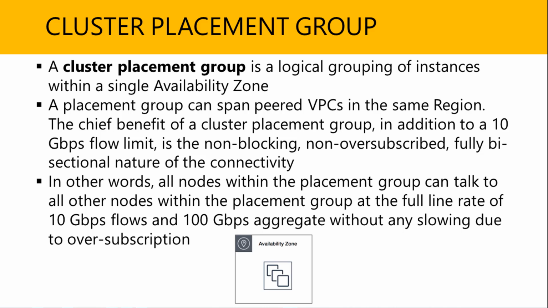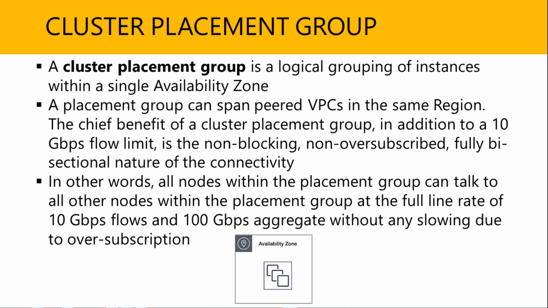What do these all mean? Think of this as all nodes within the placement group can talk to all other nodes within the same placement group at a full line rate of 10 gigabits and 100 gigs aggregate without any slowing down due to oversubscription.